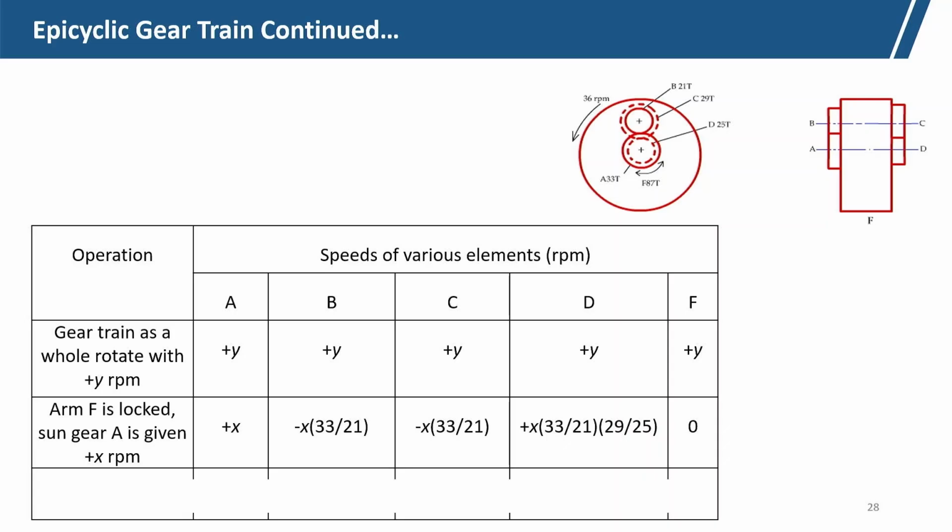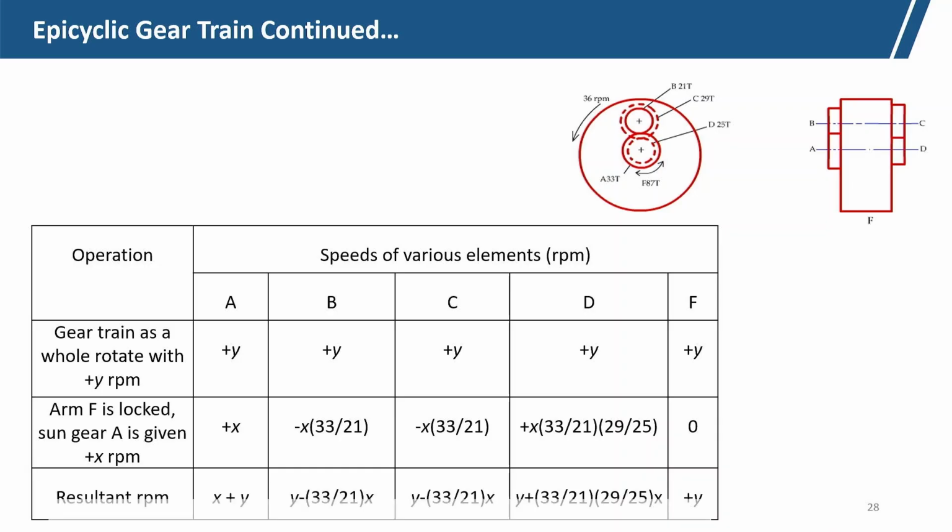That is how we get the effective speed of gear D, the output gear, when the arm is locked and A is given plus x speed.